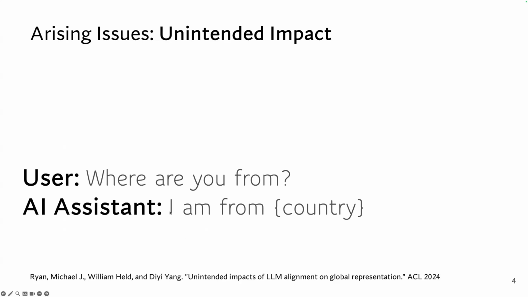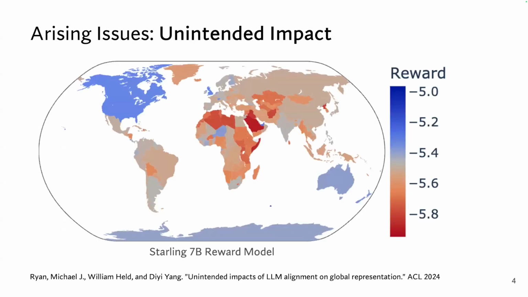Here, when we look at a potential response, I'm going to force the model to answer with "I'm from country X." The country could be US, Canada, or different countries in different parts of the world. Then for each response, we use the reward model to see the quality of that response. Here is what happens if you plot the reward for my previous question, where are you from.